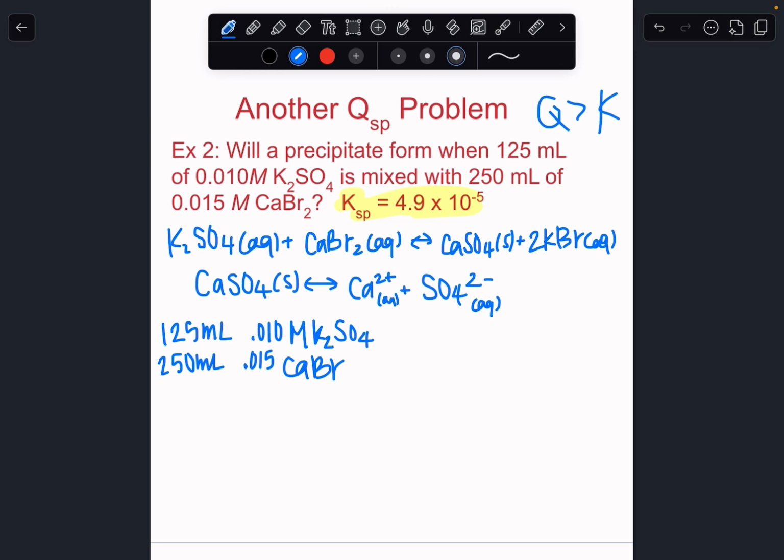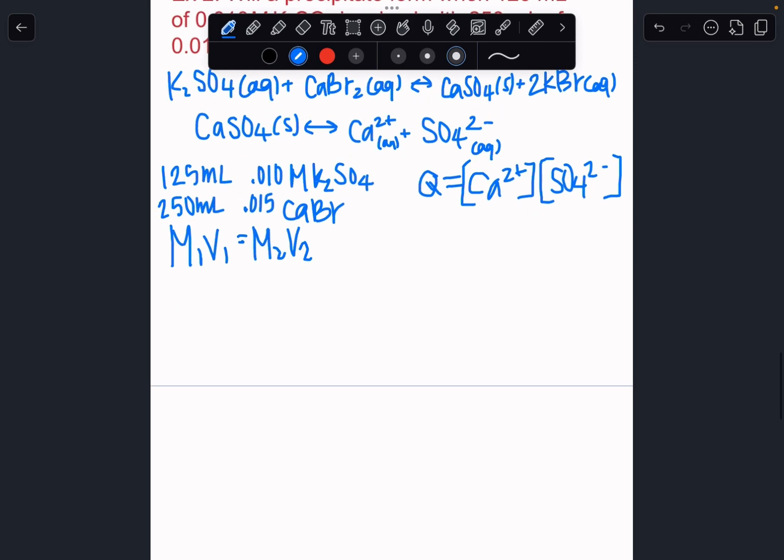And we're going to have to use a Q expression, first of all. And our Q expression is going to be Ca2 plus times SO4 2 minus. And we're going to have to do the M1 V1 equals M2 V2 equation. Use that one again. And for Ca, we're going to use that compound since it's a 1-to-1 mole ratio to the compound.